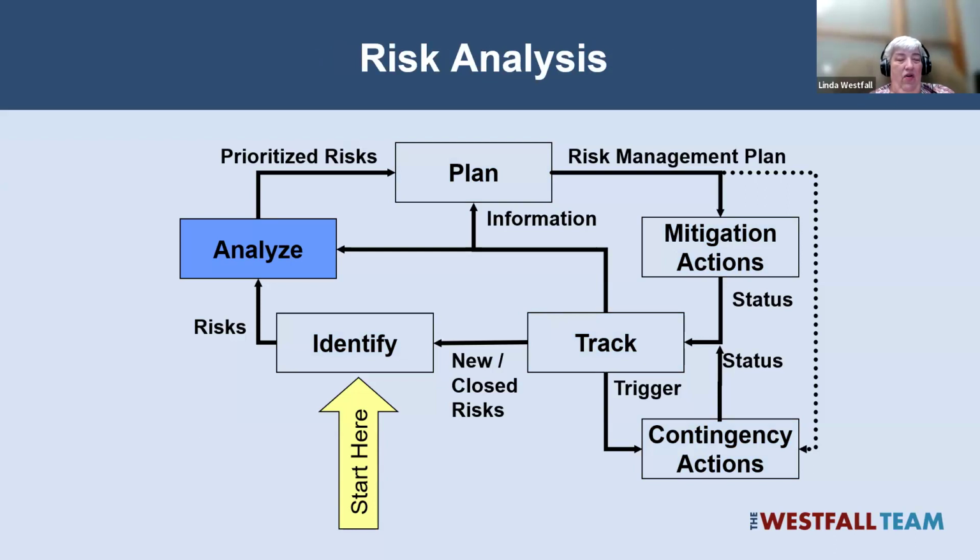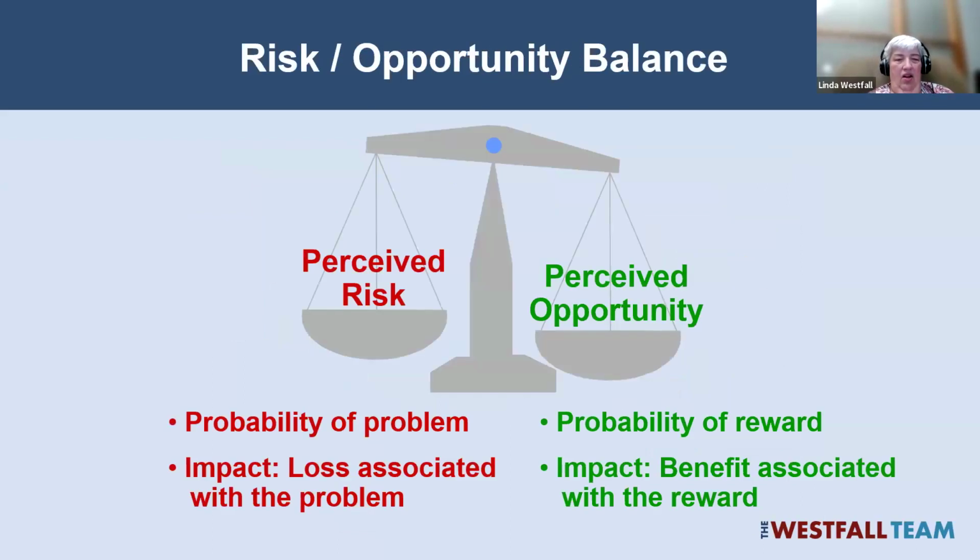We assume we've already identified them. We've got a list of risks that we want to analyze. And the things that we're going to analyze is the value of the perceived risk statistically, i.e. the probability that that risk is going to turn into a problem and its impact or loss associated with that problem if it does occur.